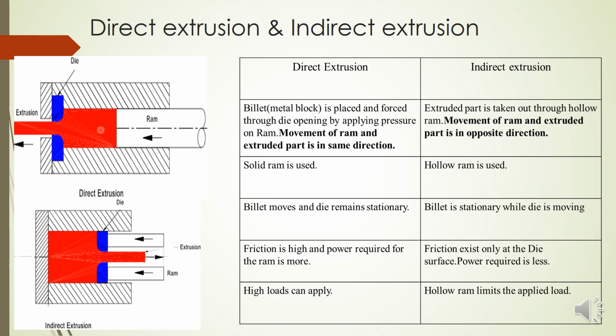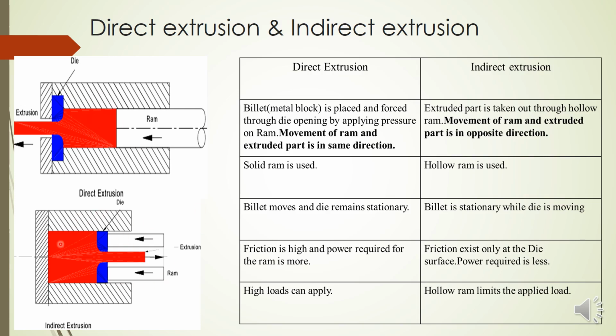So which one will have more friction? Can you predict among these two which one will have more friction? Of course the direct extrusion, because in direct extrusion friction will come between parts which are relatively in motion. So in direct extrusion the billet is moving, this large block of billet is moving, so it has more friction.